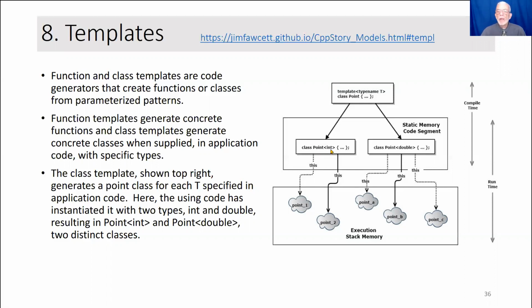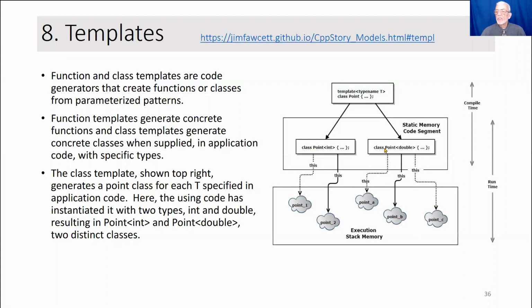So for example, if I had a static data member in the templated point class, the int class would have a static and the double would have a static, but the static in the int class shares its value with all instances of that class, but it doesn't share them with point double.